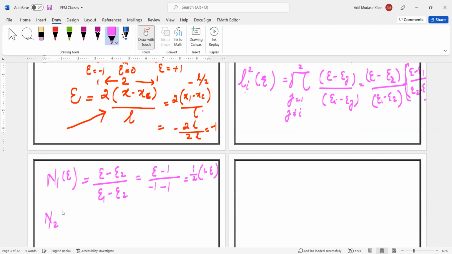And n2 as a function of zeta, if you look at the second shape function n2, is equal to (zeta minus zeta 1) divided by (zeta 2 minus zeta 1). Zeta 1 is minus 1, so it will be 1 plus zeta, and zeta 2 is plus 1. That is 1 by 2 into (1 plus zeta).